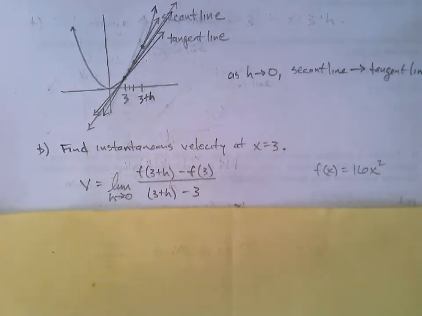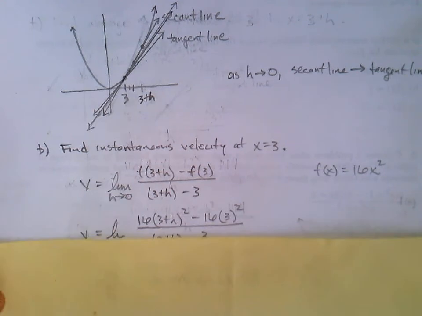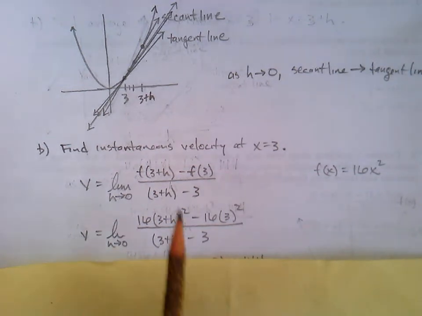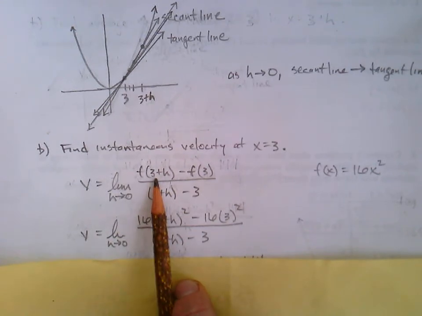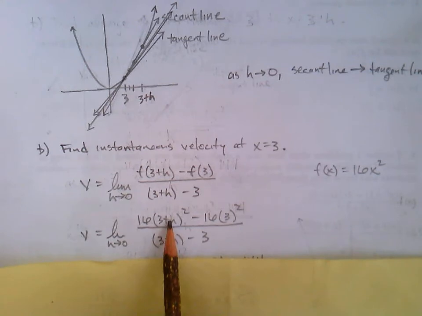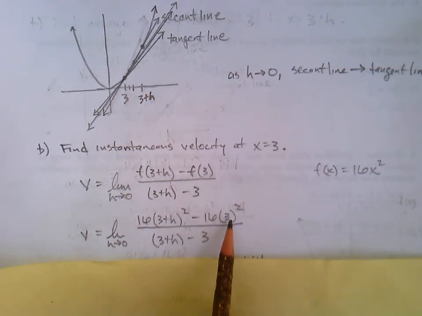Okay, so let's check it out. It's going to take some work. There's quite a bit of algebra going on here. So what is f of 3 plus h? Well, we'll put the 3 plus h in for the x. 16 times (3 plus h) squared minus 16 times 3 squared.